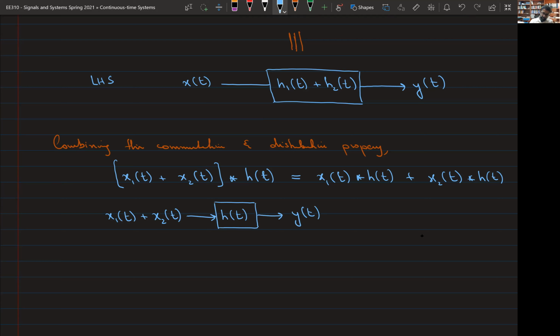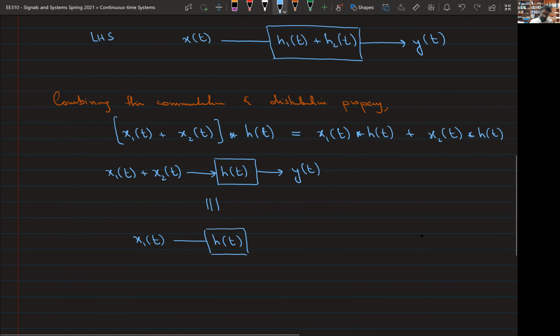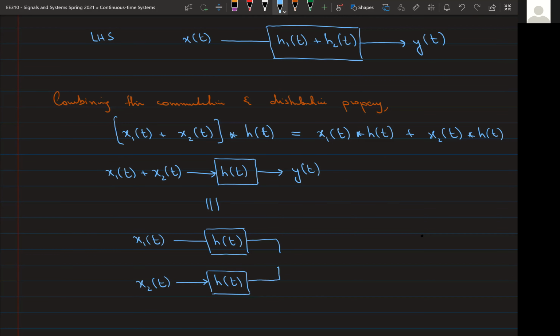As opposed to this, this is equivalent to the system where the input is x1 to a system which has an impulse response of h of t, and there's an input x2 which is an input to another, independent system which has the same impulse response, the same properties. And if I add the two outputs up, I will get the same output.